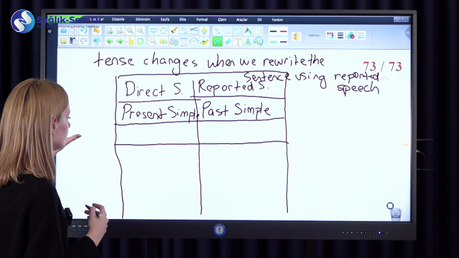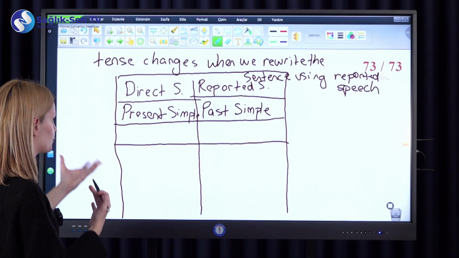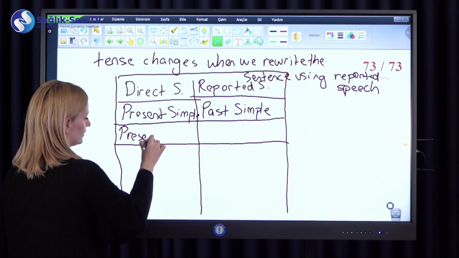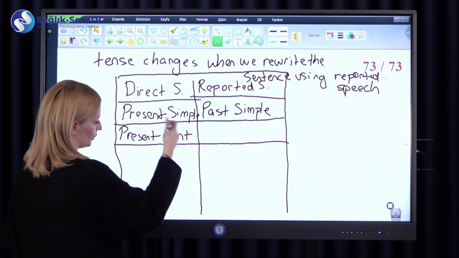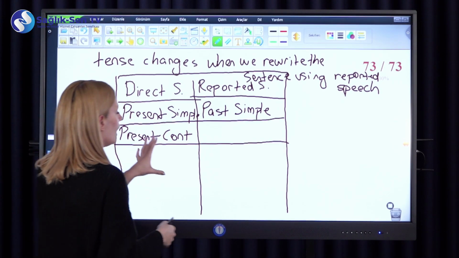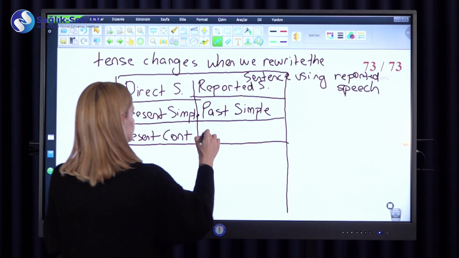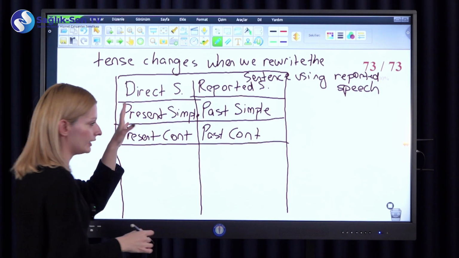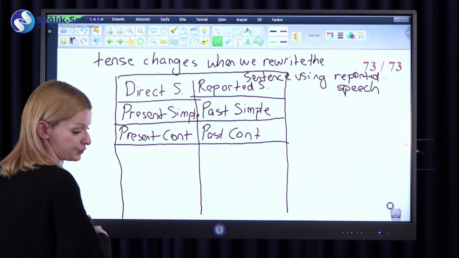If I build my direct speech sentence with present continuous or present progressive, I use past continuous while making it reported speech.